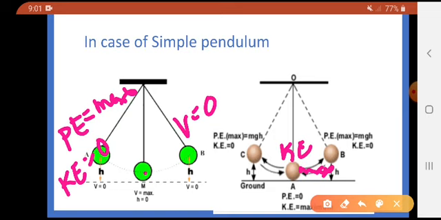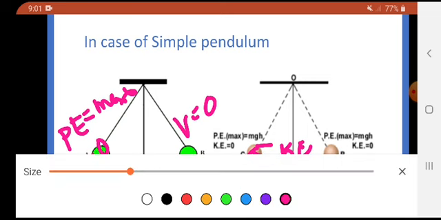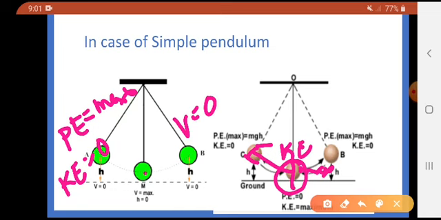Observe this, when it is moving from A to C, at the mean position the total energy is in the form of kinetic energy. Potential energy is 0 here. But when it reaches the extreme point, its kinetic energy becomes 0. The maximum kinetic energy is converted into 0, and the minimum potential energy is converted into maximum potential energy.